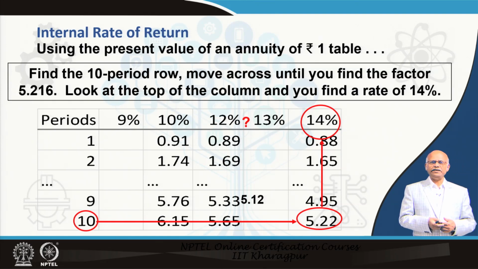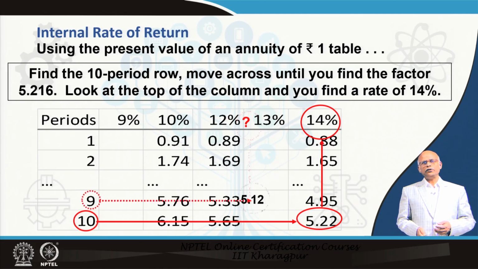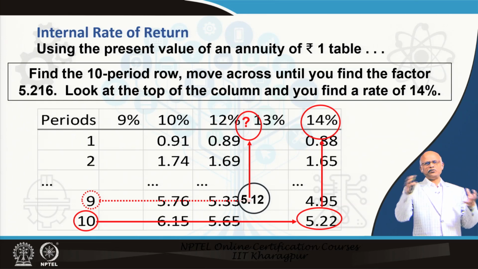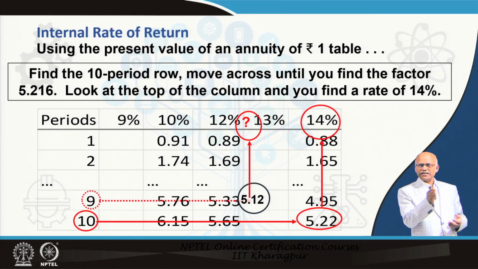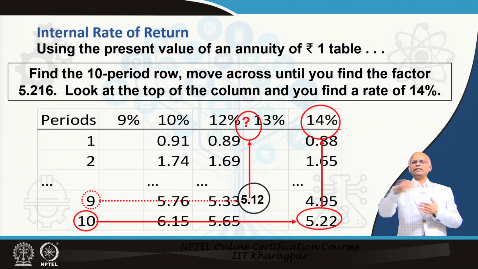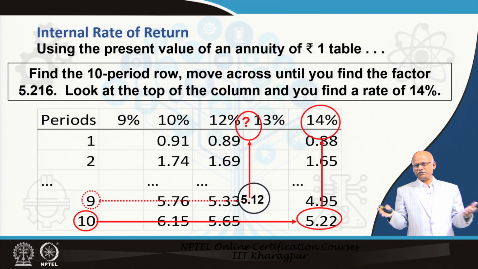Now, it may not always be so simple. Suppose you have a 9-year period and your value is 5.22. You may not have exactly 14%, 13%, 12%. It will go straight upward where there is no exact rate. So, now you know that it is slightly above 5.33, but far less than 4.95, which is 14%, and then 13% perhaps there will be a data point.